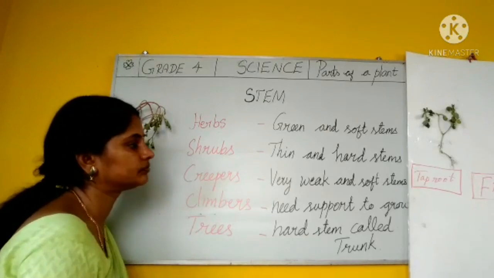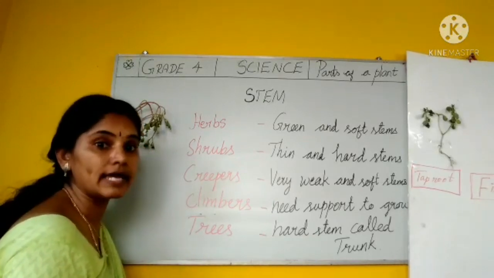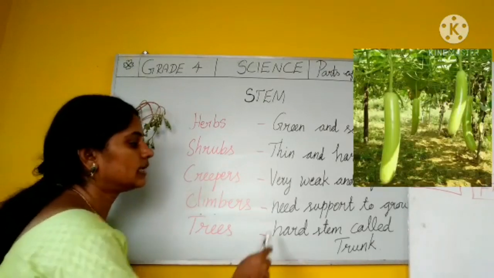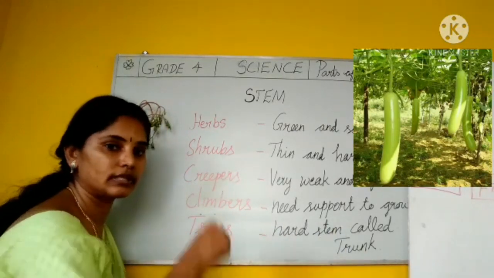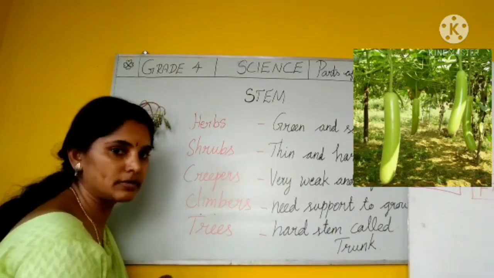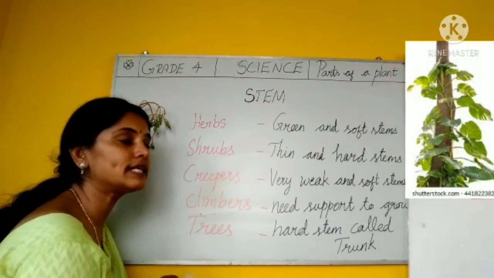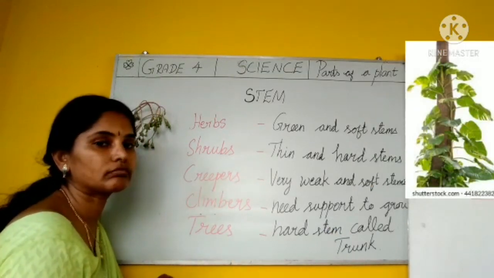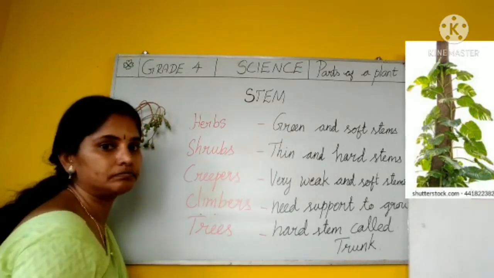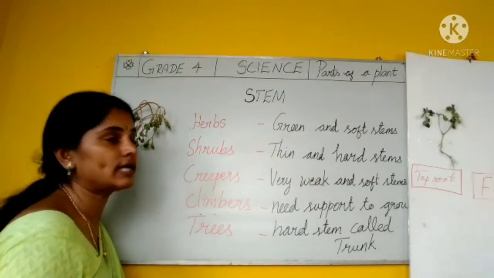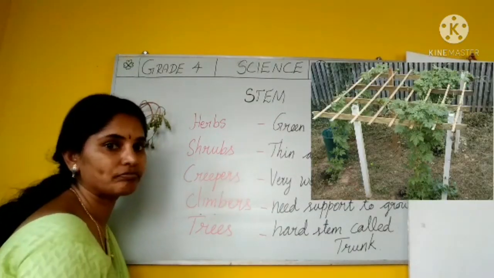Then climbers. What are climbers? They need support to grow. Climbers have a stem, no? That stem needs support to grow. Look at this bitter gourd plant. They need support to grow.